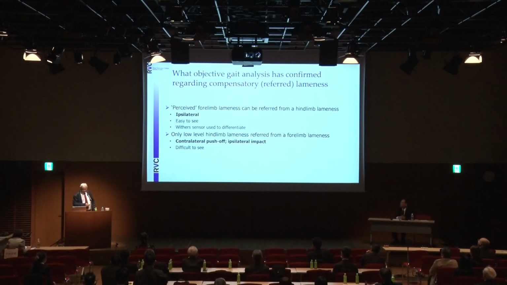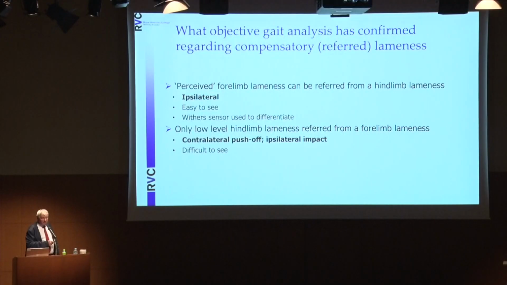This is relatively easy to see visually, but the withers sensor can help to differentiate the perceived versus the real. You get referred lameness in the opposite direction, from a foreleg lameness to a hind leg, but these effects are very, very subtle, difficult to see, and only really apparent with the objective gait analysis.